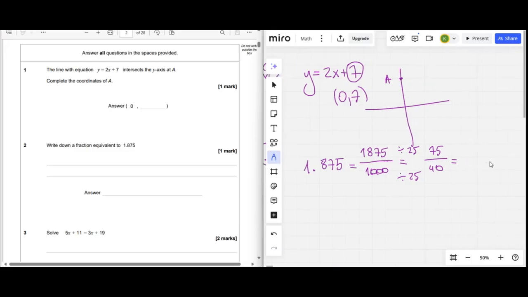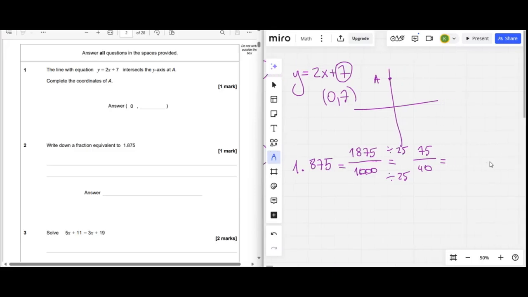We can cancel that further by 5. 75 by 5 is 15, and 40 by 5 is 8. Yes. And I think that's that. Yes. 15 over 8. Możemy wyłączyć całości, czyli 1 whole and 7 eighths. No ale fraction, no to jednak 15 over 8.